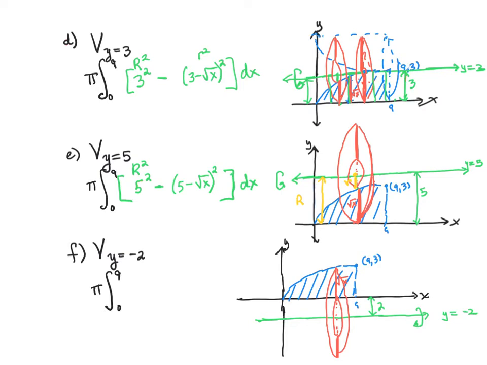The outer radius is the distance from the center of the washer to the top. So this is the outer radius. The inner radius is the distance from the center of the washer to this piece. So can you find little r and big R? Take a minute and think about that. How would you represent little r and big R here?